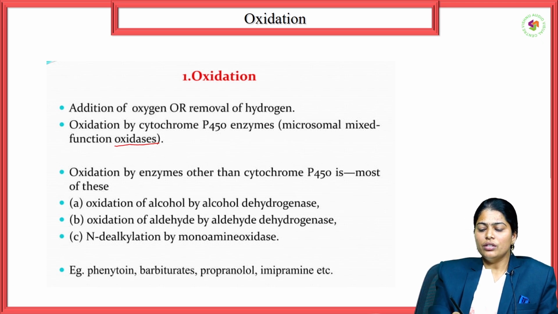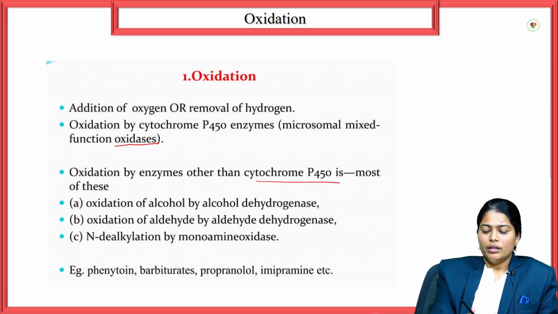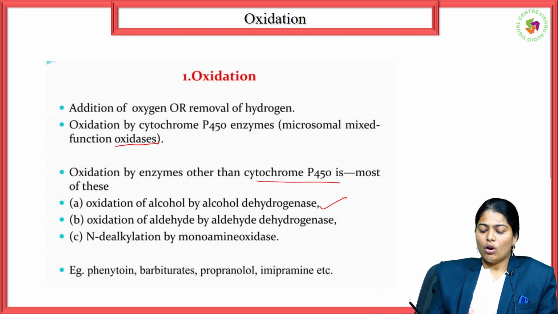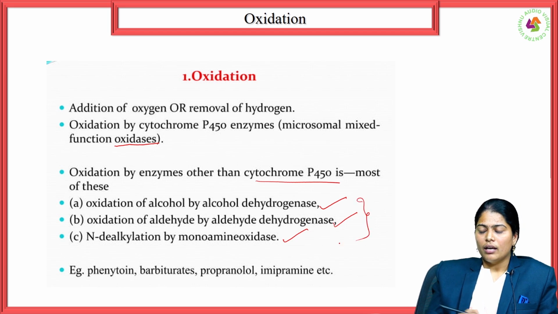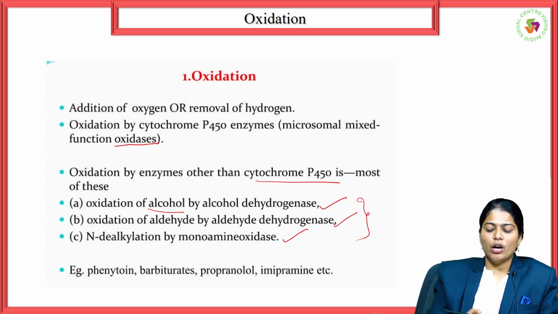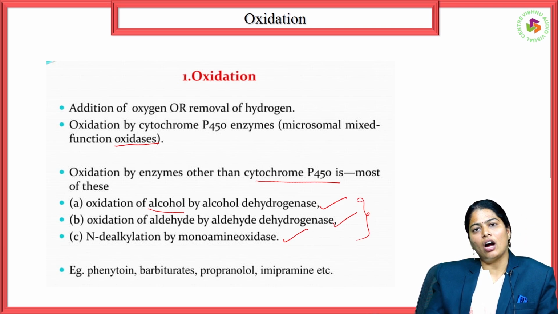The oxidation of alcohol is done by alcohol dehydrogenase, the oxidation of aldehyde by aldehyde dehydrogenase, and dealkylation by monoamine oxidase. So these enzymes are involved in the oxidation of different types of compounds like alcohols and aldehydes and dealkylation reactions.